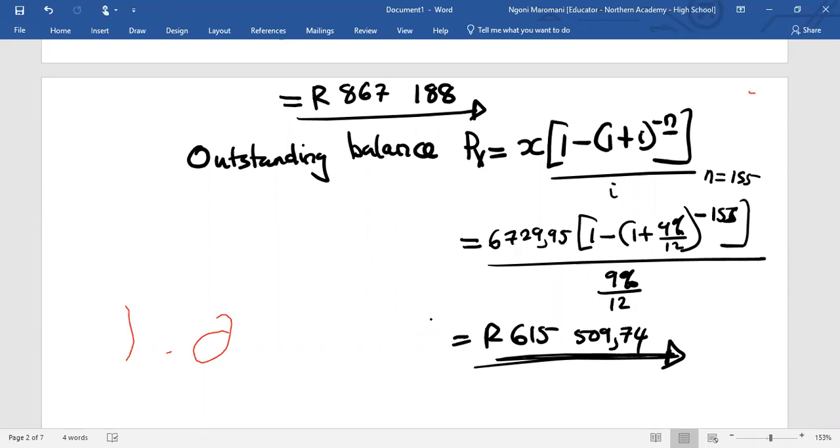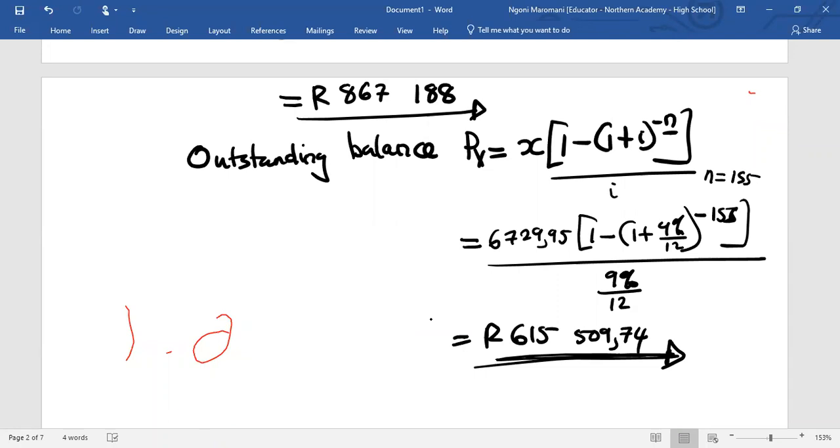It means you're going to pay 615,000. That's what outstanding balance means. But this is the outstanding balance which you are owing to the bank. So what is the bank going to do with you for the 4 months that you are not going to pay the loan? Interest. They add interest. Simple.